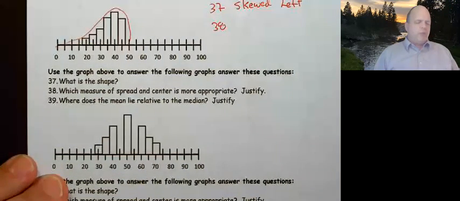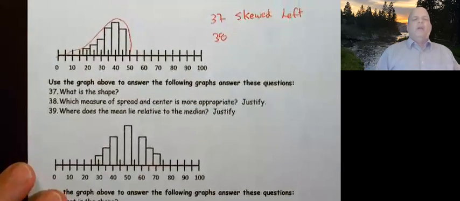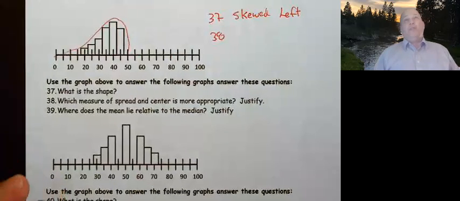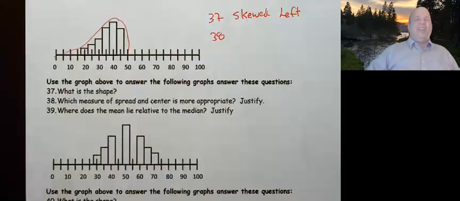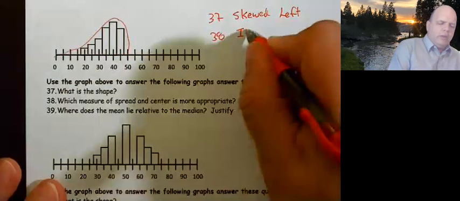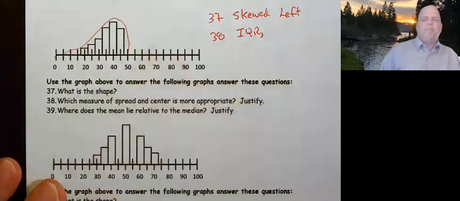Which measure of spread and center is more appropriate? All right. First off, what are measures of spread? Well, we have standard deviation, we have variance, we have IQR, and we have range, etc. But when we have skewed data, IQR is the best measure of spread.